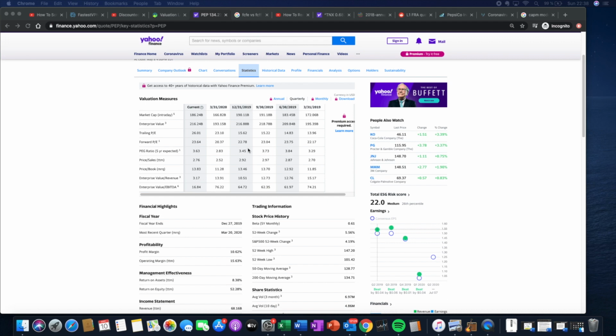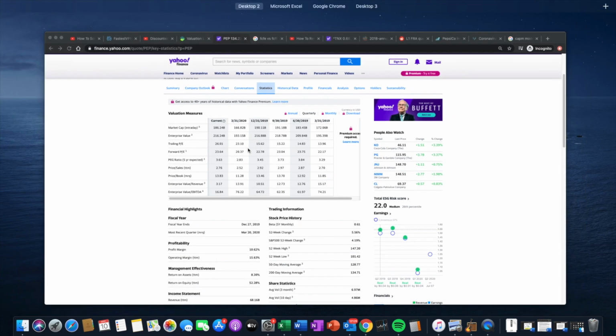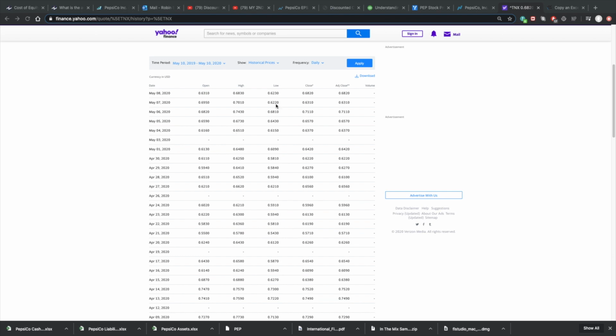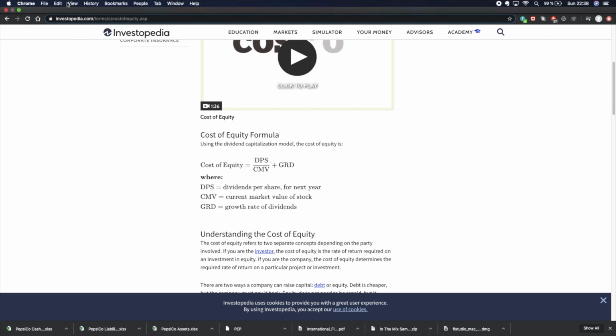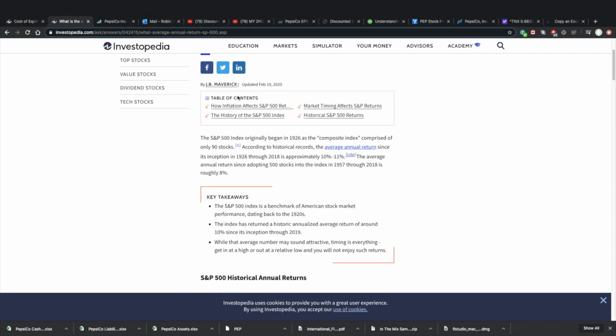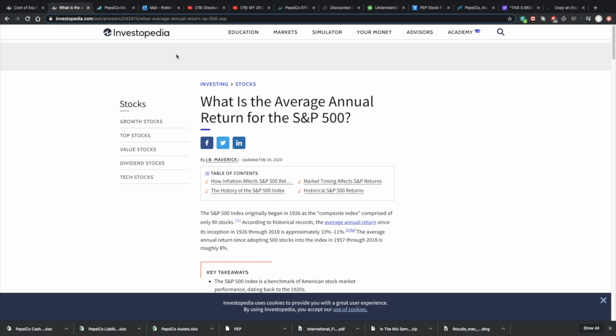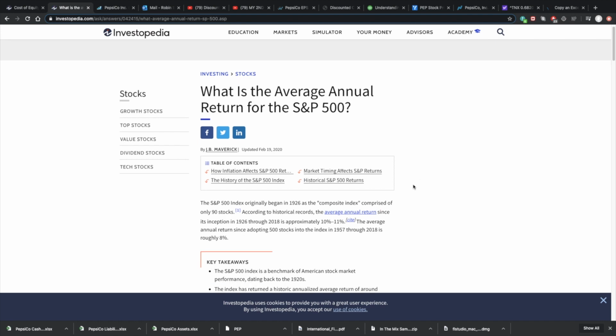So let's head over here, because I have done some research. I went to Investopedia, which is a great, reliable source for financial information, and here it says that the average annual return since the S&P originally began almost 95 years ago is approximately 10 to 11%.